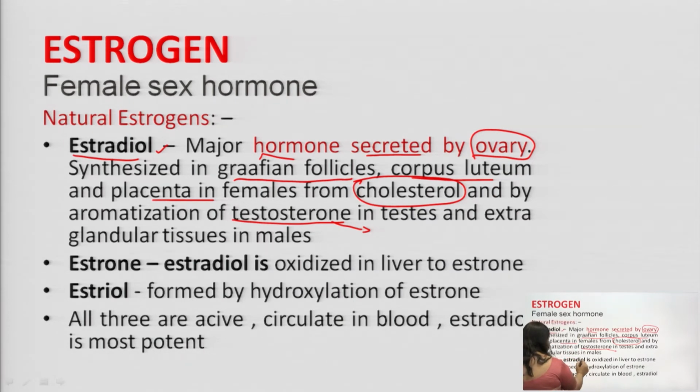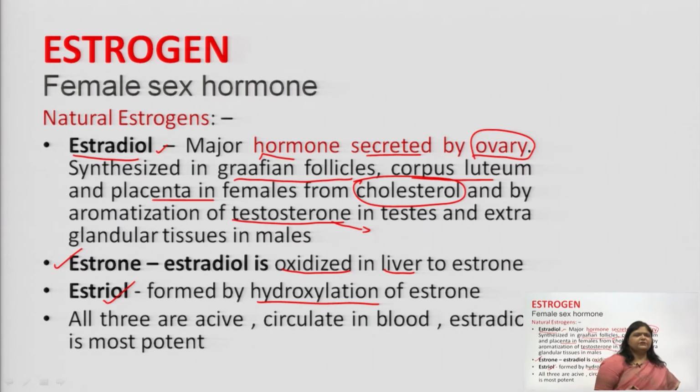Then this estradiol is oxidized in the liver to produce another important estrogen, estrone, and this estrone is hydroxylated to produce another estrogen, estriol.